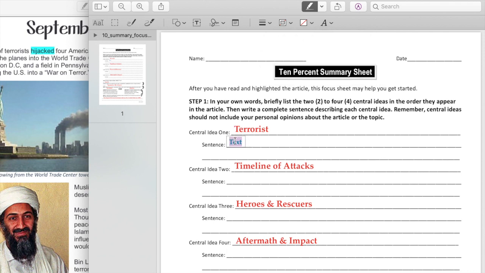So I would normally put 19. But we don't start a sentence with a number. So just like you see up here, 10% summary. Generally, it would be the number 10, but we don't do that when we're writing. It's the first number, so we're going to write it out.